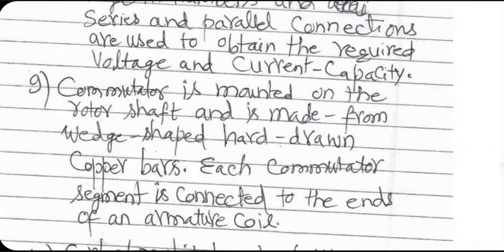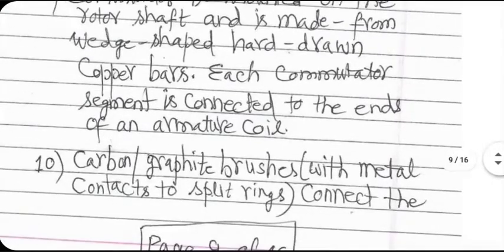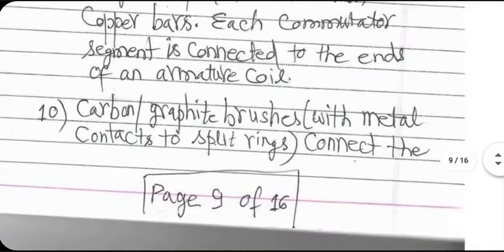Commutator is mounted on the rotor, of course, and is made from copper bars. I'll show you details later. On the commutator, for each loop, you have to have a separate segment. That much you can imagine, I suppose, at least. The brushes, which collect the voltage from the system, as I said, wherever they are touching the rotating part, you have to have metal.